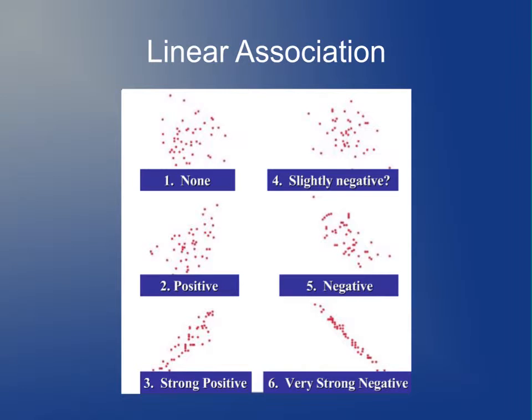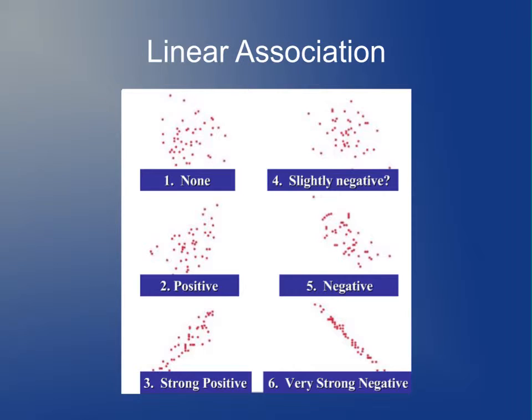So this graph here shows some examples of linear associations. In the upper left panel, there's no association at all between x and y. In the second panel, there's a positive association. You can see that y is more likely to be large if x is large, and y is more likely to be small if x is small. In the third panel, there's a strong positive association.